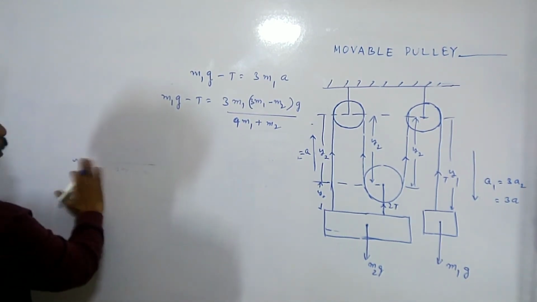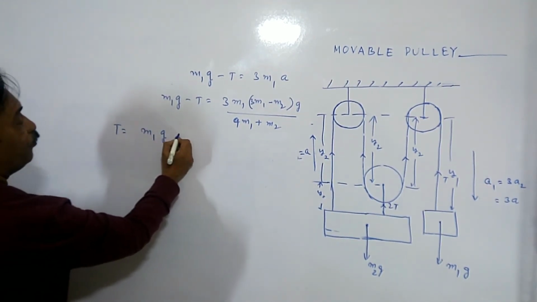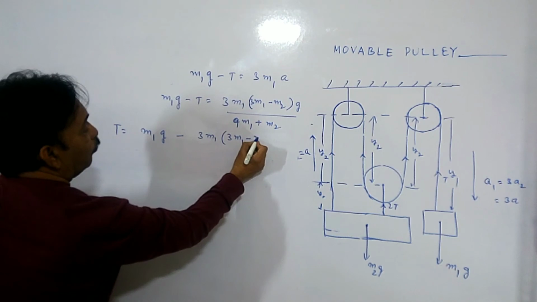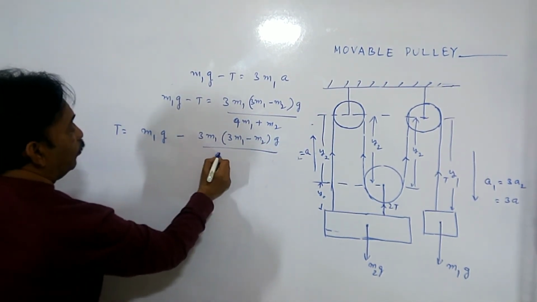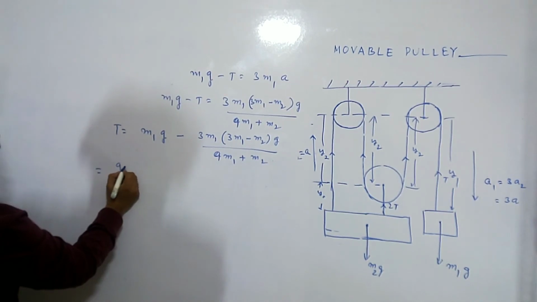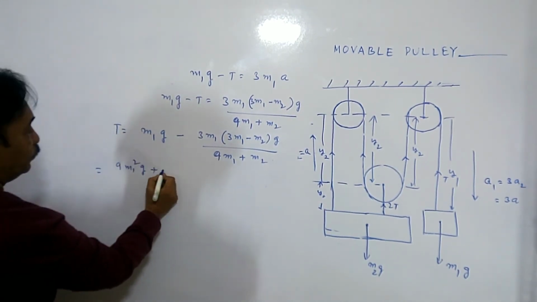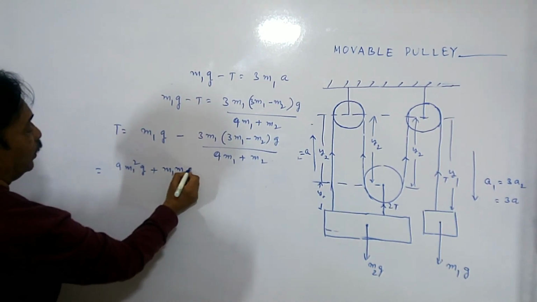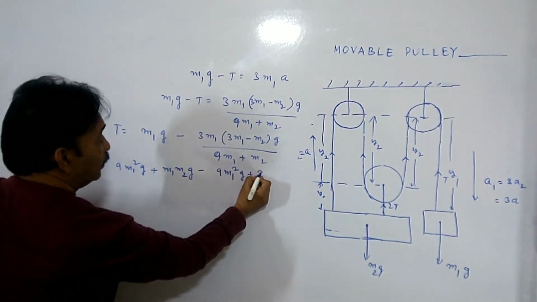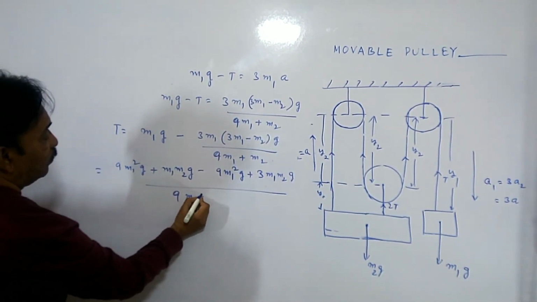Okay, students. Further, we are writing it as t is equal to m1g minus 3m1 into 3m1 minus m2 into g by 9m1 plus m2, and it can be written as 9m1 square g plus m1 m2 g minus 9m1 square g plus 3 m1 m2 g, whole divided by 9m1 plus m2.